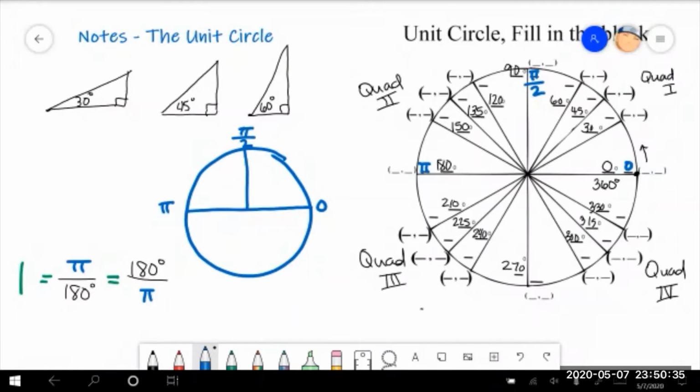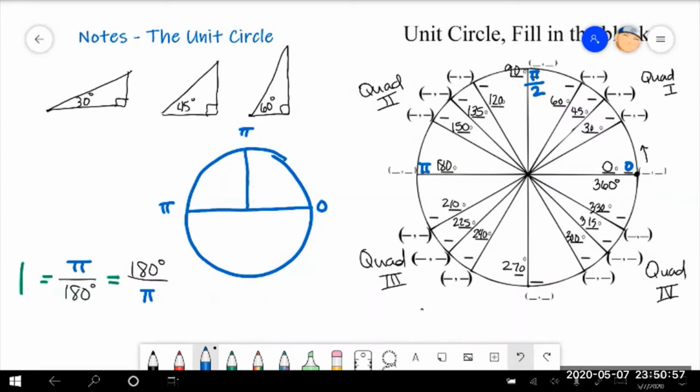So how many pieces did I have? I had 2 of them. This is the first piece. So technically this is 1 pi over 2, but we would probably never write 1. So pi over 2. So that's one way of looking at it without converting using pi over 180 or 180 over pi.